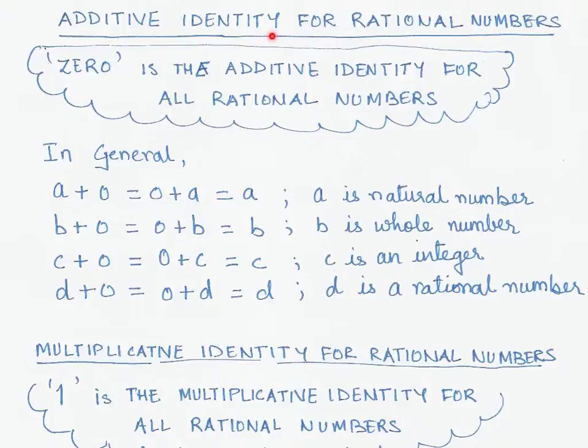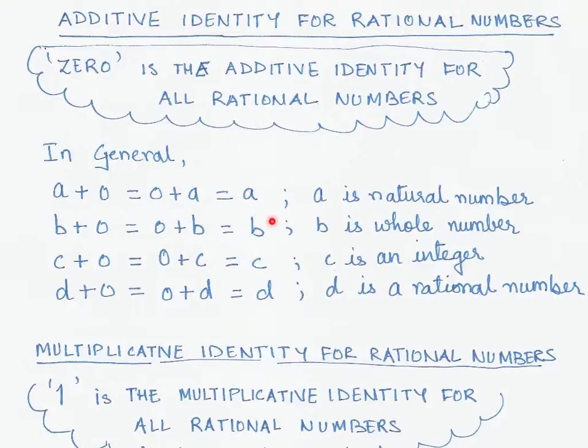In fact, if we extend this to the other numbers we have looked at earlier, let us say that a is a natural number and we add a plus 0, or 0 plus a, we always get a back. Similarly, if b is a whole number and we add b plus 0 or 0 plus b, we get b back.